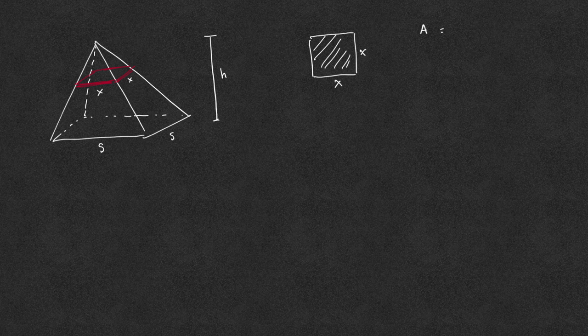Then the area of this cross-section is x squared. The area of the i-th cross-section is x_i squared. So the volume is x_i squared times the thickness delta y. Note that in this case, we position the top of the pyramid at 0 with the y-axis pointing downward in the positive direction, so the thickness is delta y.